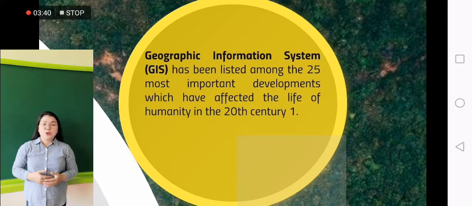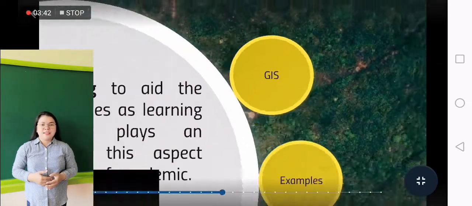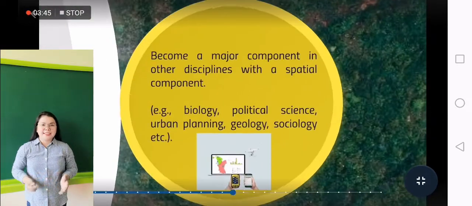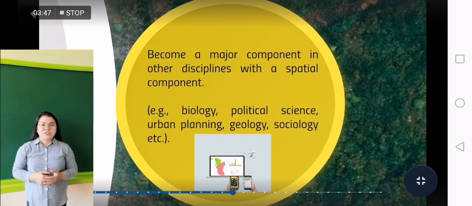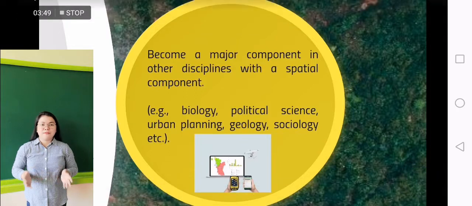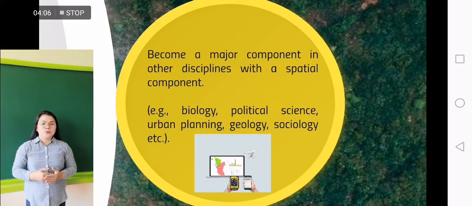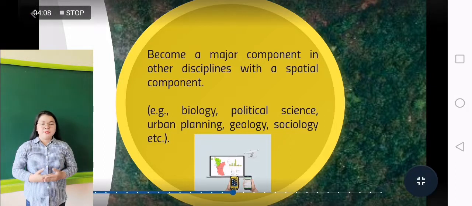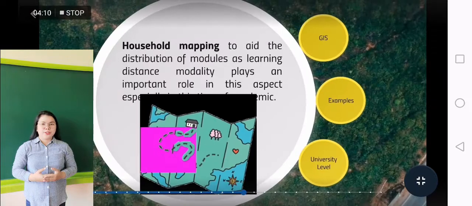GIS has revolutionized the methods and dimensions of spatial analysis, resulting in a dramatic change in the direction of geography, and has become a major component in other disciplines with a spatial component. These are biology, political science, urban planning, geology, sociology, etc. It has also led to significant reforms in geographic education.